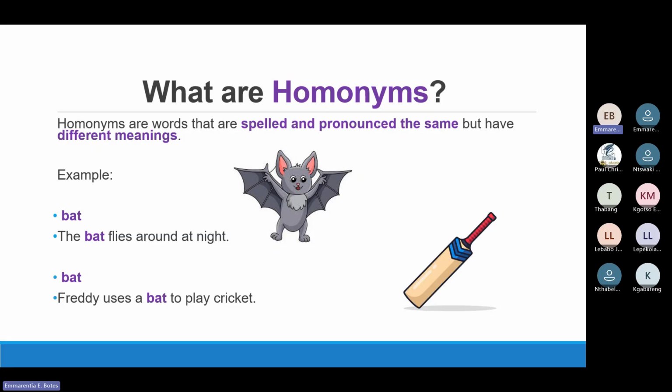Now from this, what we can see is that bat is spelled the same and it is pronounced the same, but it has different meanings. We see that in the sentences that we use, and that sentence immediately creates a picture in your mind. And as we can see from here, the two pictures are very different.